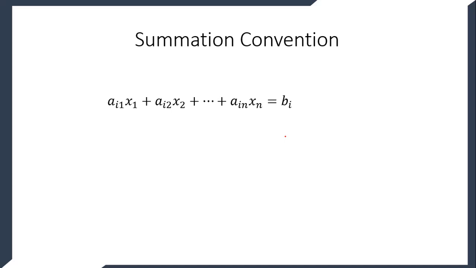This equation comes as a linear sum of a lot of quantities. So why can't we just use a summation index and say summation j equal to 1 to n of a_ij x_j is equal to b_i? Then all these equations will get compressed to one particular equation.